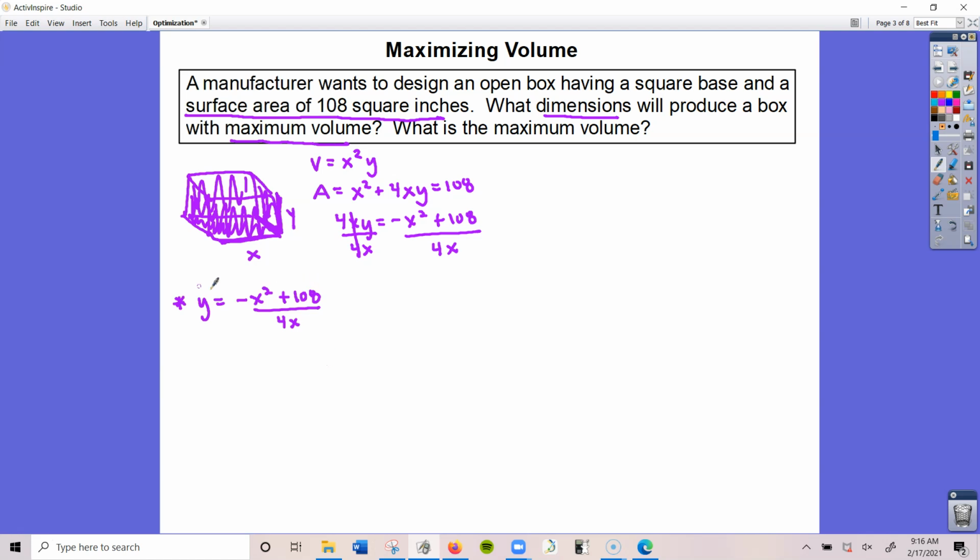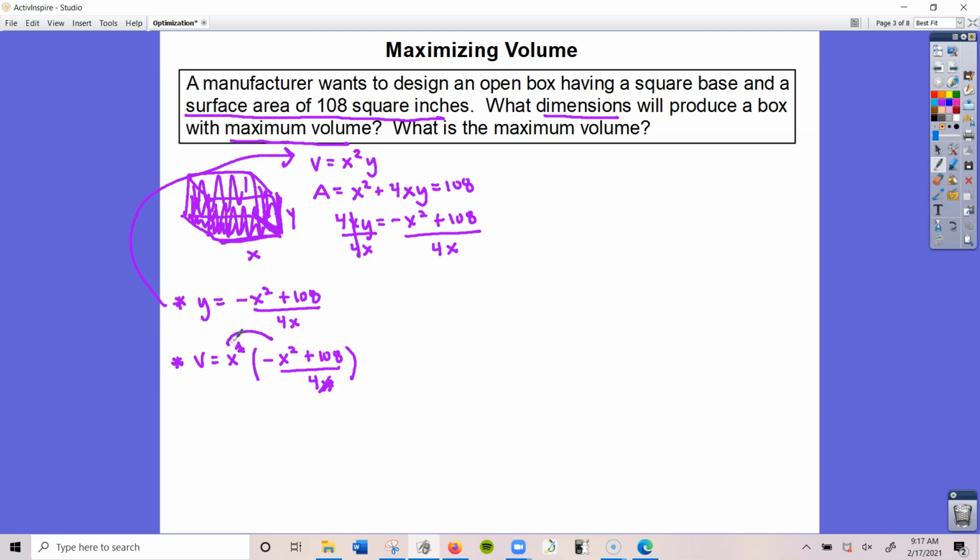Now what I do with this is I take it and I'm going to plug it into my equation for volume. So volume is equal to x squared times all of y, which is negative x squared, plus 108 all over 4x. Now this x squared and this x can cancel, leaving me with only one x here.